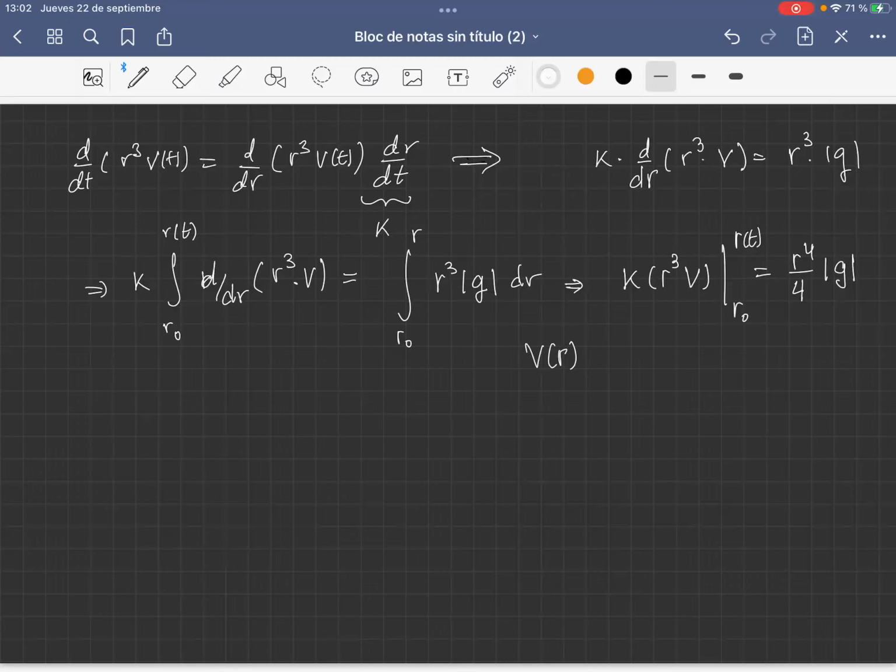So let me put the constants of integration differently so we can get to the usual expression that we normally find in the books for this velocity. So I'm integrating, but I'm going to put a constant of integration actually here. So we're going to fix that constant. So again, I go back to my integrals. And this other integral.